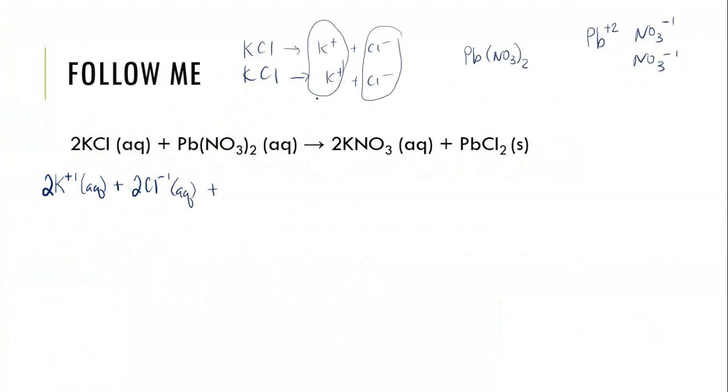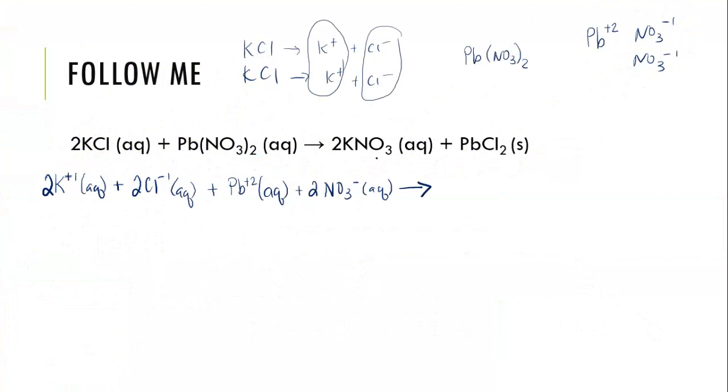It made 1 of those, so I will get Pb2+. It'll still be aqueous. And then I'll get 2 of these. So this 2 is not going to be there anymore. We're going to put it in front because the 2 is not up here. The 2 just means there are 2 of those ions. And we're going to put (aq).